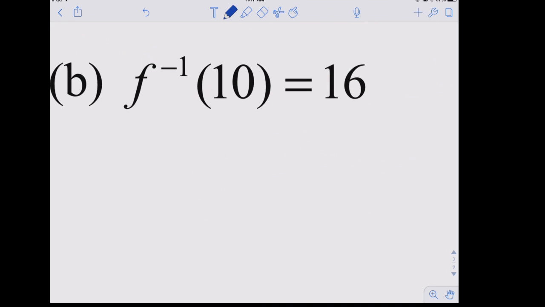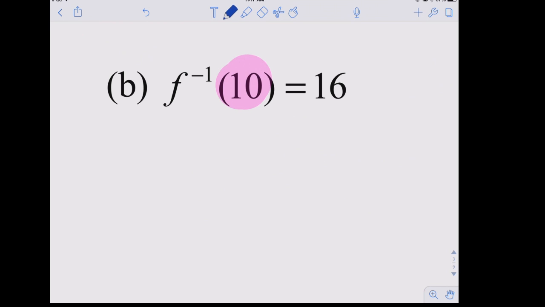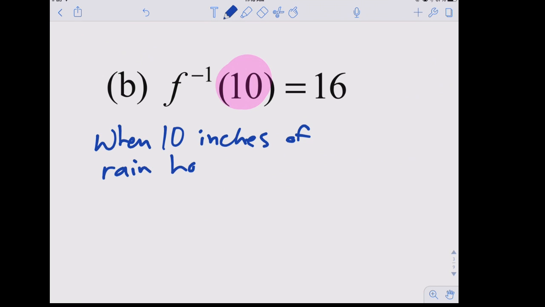All right, so what are the units on 10? Inches, right? So when 10 inches of rain have fallen at that moment of time, comma, what are the units of 16?